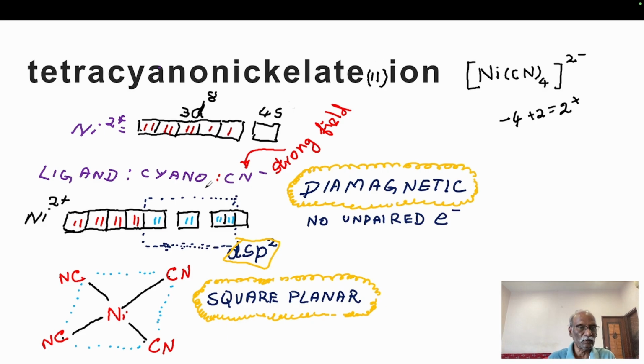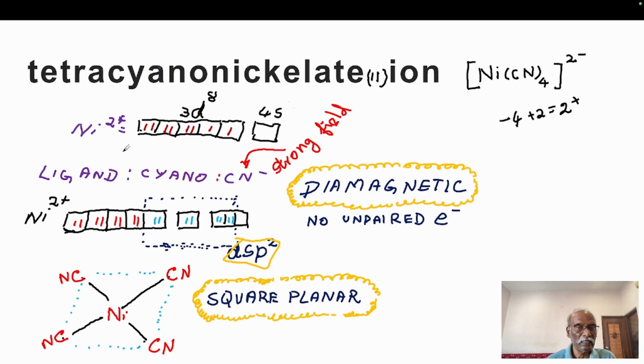Okay, now come back to the electronic configuration of the nickel 2 plus ion. Nickel 2 plus ion is 3d8. Those 8 electrons in the 3d shell are distributed as per Hund's rule. The first 3 orbitals of the d shell have 2 electrons each, and then the fourth and fifth d orbitals occupy 1 electron each.